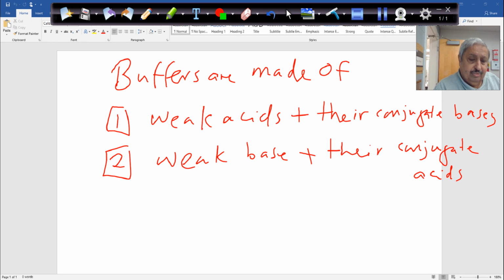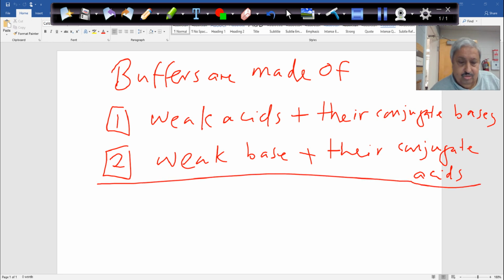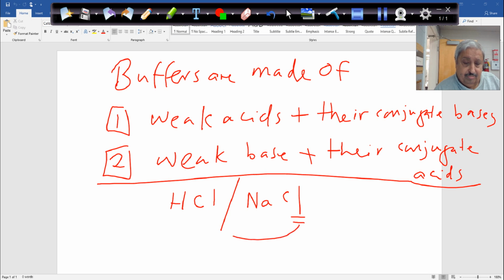Acids, for example. So let's look at examples here. If I have HCl, that's an acid, in combination with sodium chloride. The chloride is the conjugate base of the HCl, correct? But is this a buffer or not a buffer?